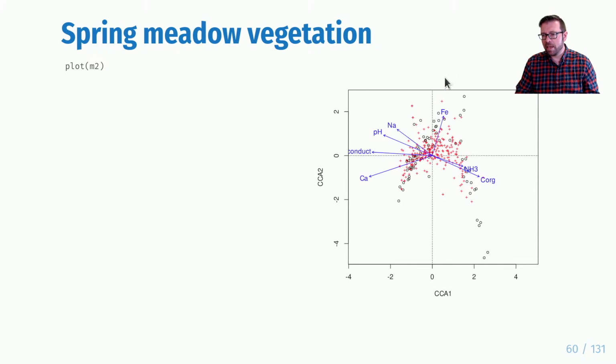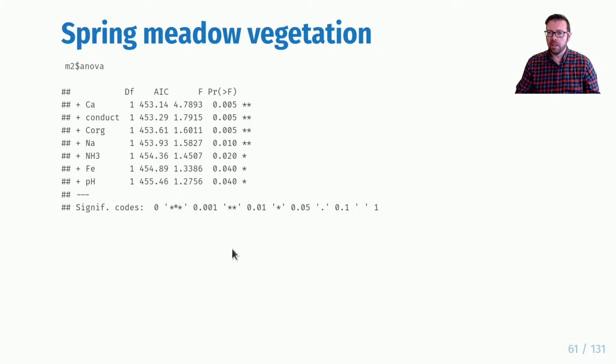Iron, the amount of iron in the soil, for example, perhaps reflecting the soil type, seems to be more important on the second axis, for example, here. Okay. And so if we look at that forward selection, we see that calcium was the first thing to go in, then conductivity, then the amount of organic C in the soil, and so on. And pH was the last thing that got added.